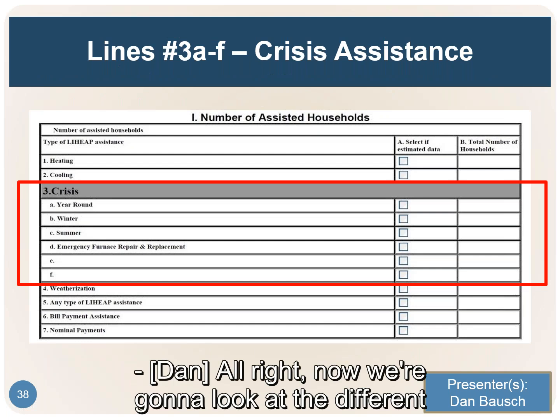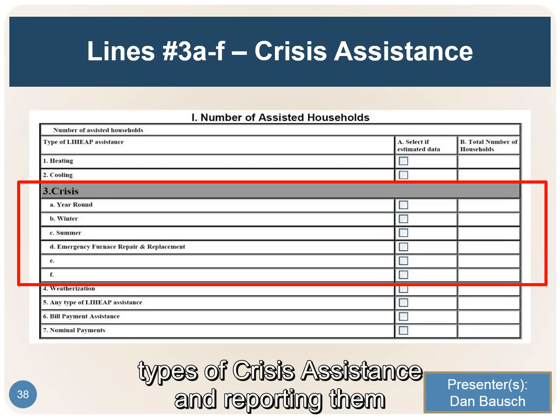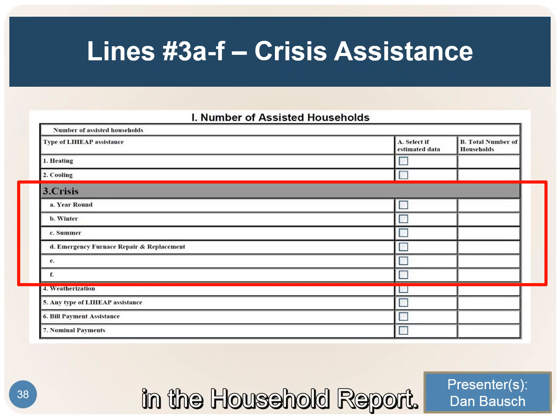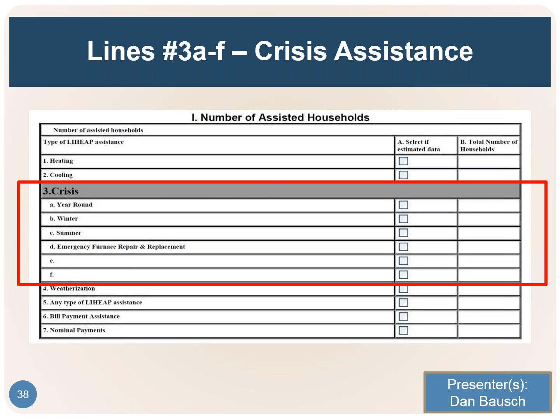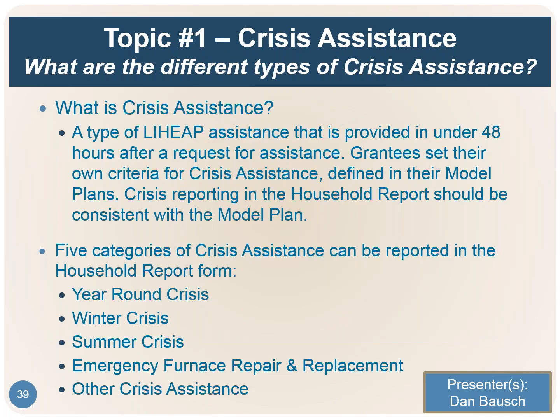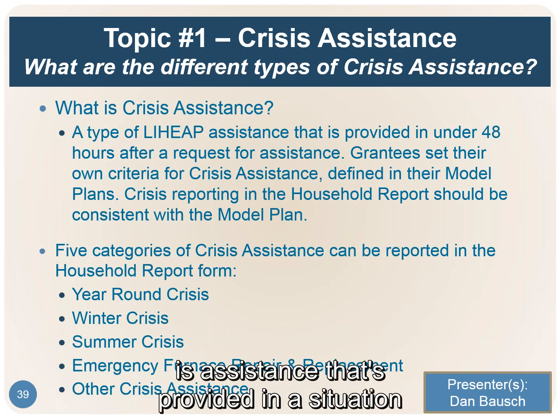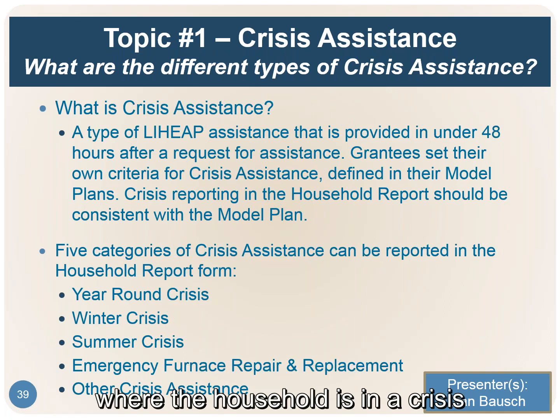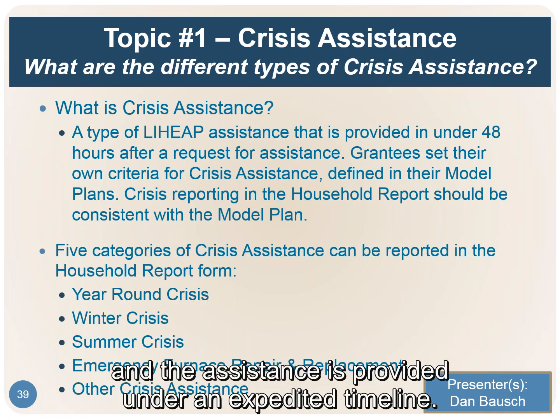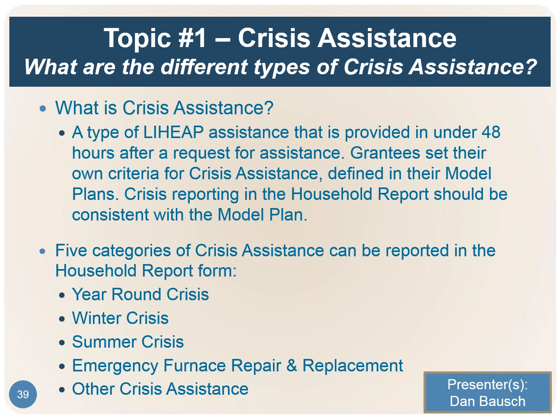All right, now we're going to look at the different types of crisis assistance and reporting them in the household report. So crisis assistance, as most of you know, is assistance that's provided in a situation where the household is in a crisis and the assistance is provided under an expedited timeline.